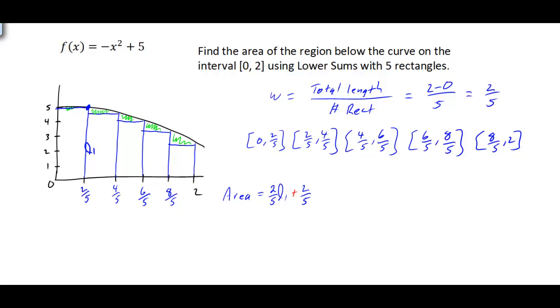2/5 multiplied by L2. Well, that's going to be our second length here. And again, notice this right endpoint of 2/5 touches the graph. And then we would have 2/5 times L2 plus 2/5 times L3. And notice that's going to touch the top of the graph here.